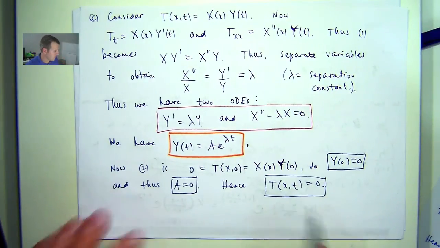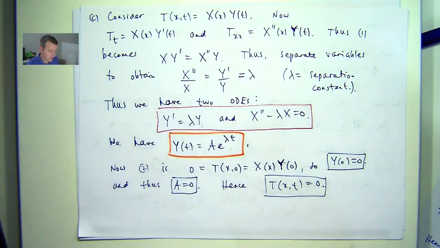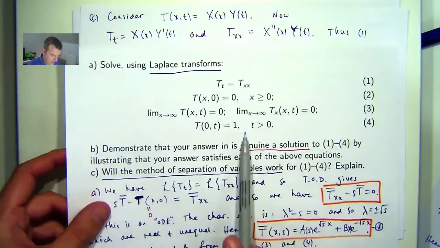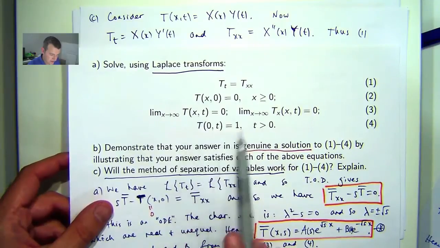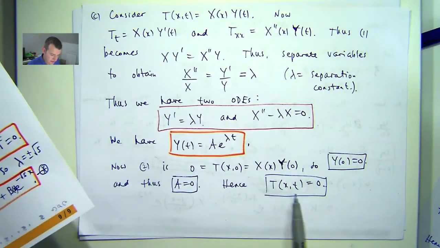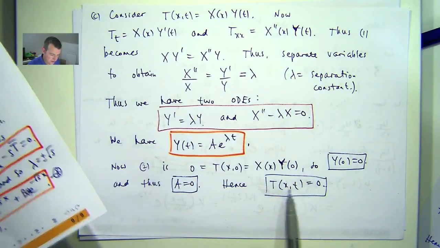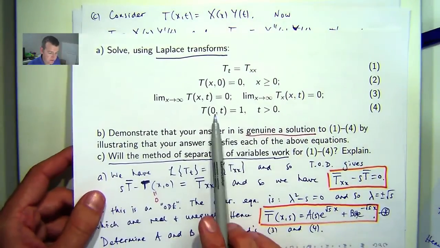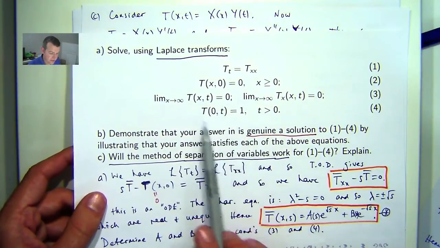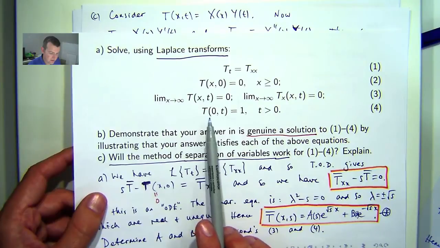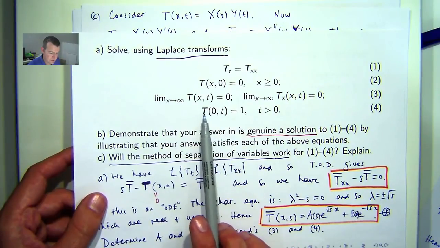Okay, what does this mean? Well, we've got the 0 solution, which isn't very interesting, but more worrying is now this condition. Because what this says is that big T has to be 0 for all x and all t, including x equals 0. But what condition 4 says is that at x equals 0 and all little t, the big T is 1.